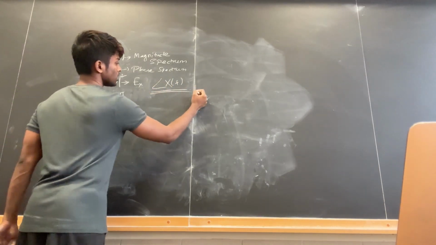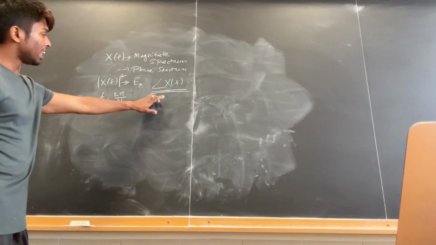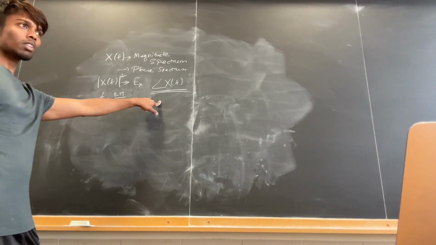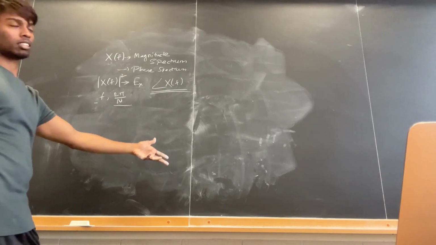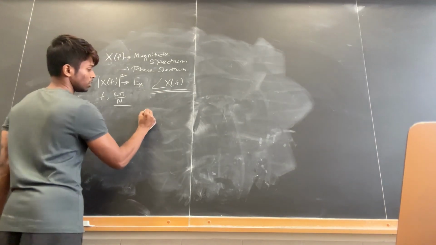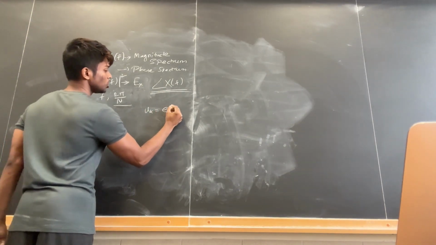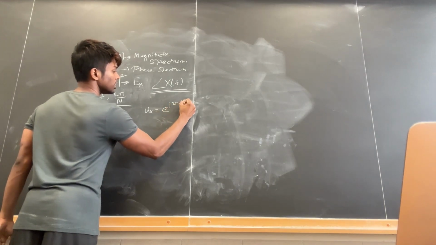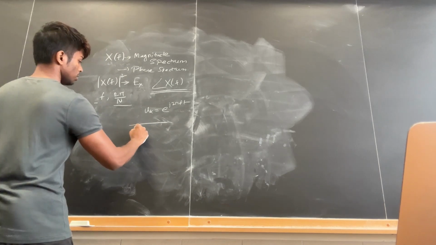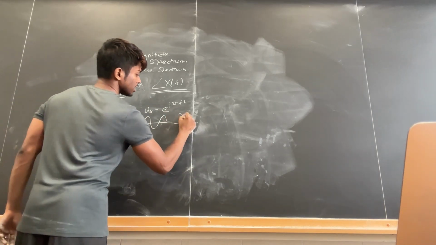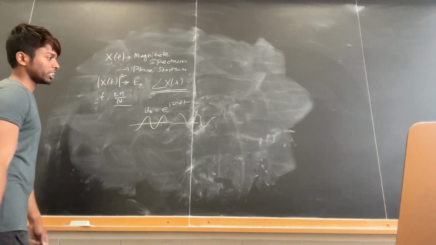Now this phase gives an idea of the alignment of the signal to the complex sinusoid basis. So what was the basis? The basis was uk is equal to e to the power j 2 pi ft. What is this? It is a complex sinusoid. So it has a cos signal and a sine signal, some real part, some imaginary part.